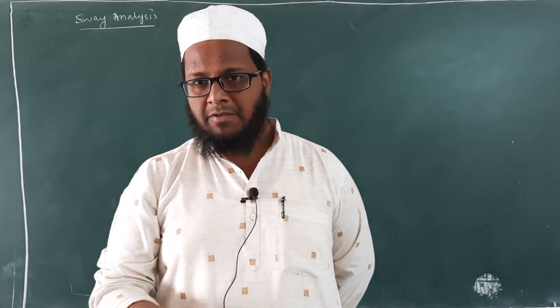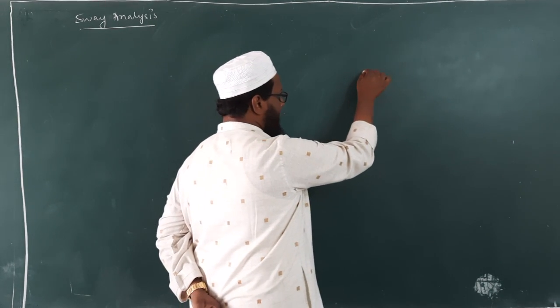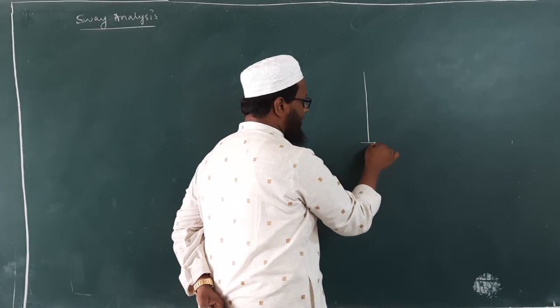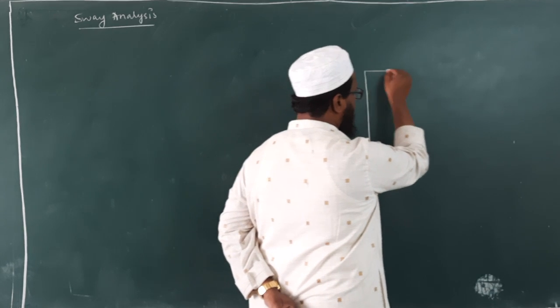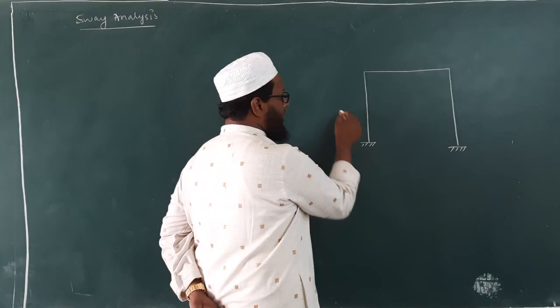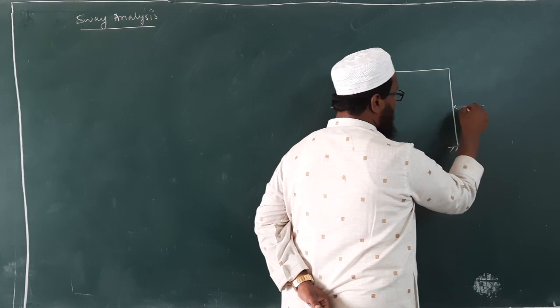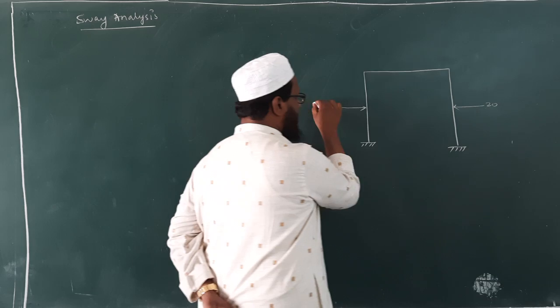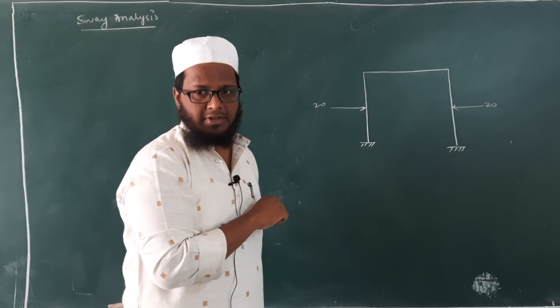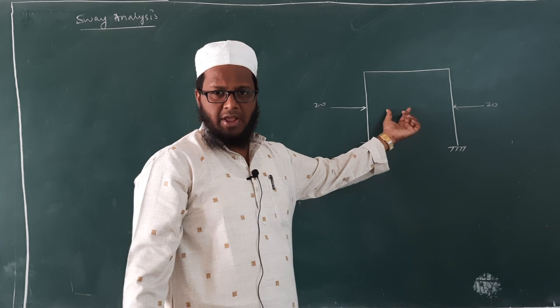the frame. In the previous problem, we have taken up one frame wherein we have done analysis on a symmetric frame. We were having only one load here and one load at this point, and both the loads were 20 and 20, isn't it? You remember? Yes, the same problem. In the previous problem we have taken up this type of frame.